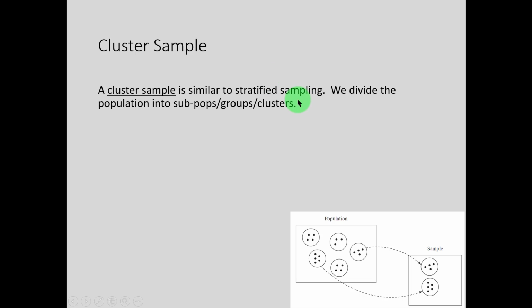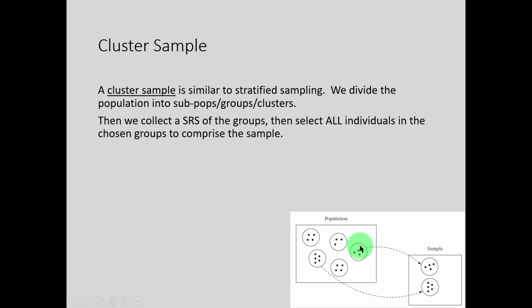Okay, let's look at the next sampling method, cluster sampling. This starts out similar to stratified sampling, in that we divide the population into subgroups or clusters. In this diagram, we've got the population divided up into, it looks like, 5 groups. Now this time, a simple random sample of the groups is chosen.